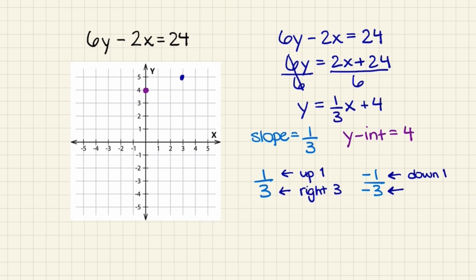And negative on the bottom means left. So look at our point here, go down 1, to the left 1, 2, 3, and we get a point right there. And we can go ahead and graph our line.